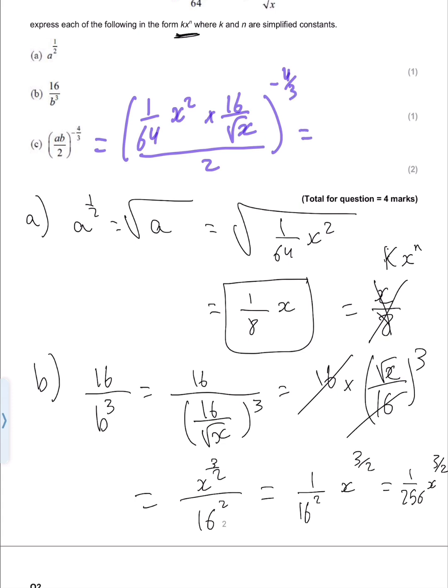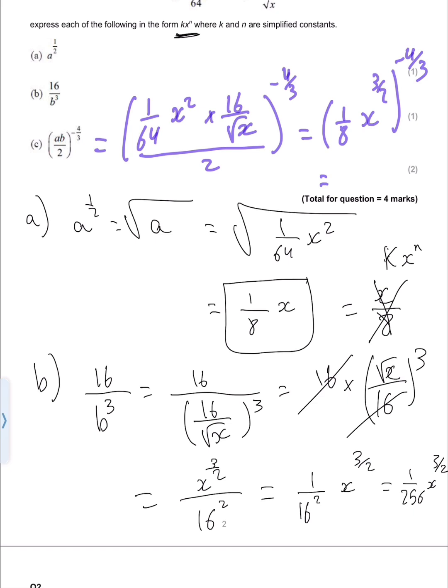So let's do it by calculator. 1 over 64, multiply it by 16, and then divide everything by 2, you get 1/8. And then x squared over root x. Root x is x to the power half, and then 2 take away half is 3/2, all of it to the power -4/3.